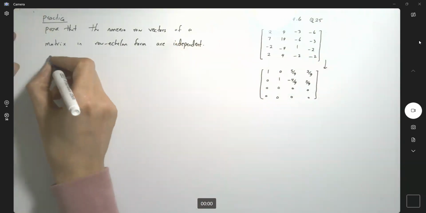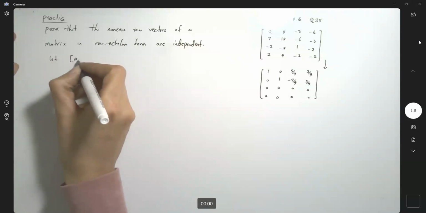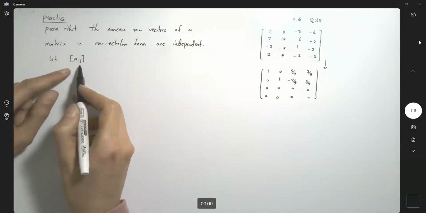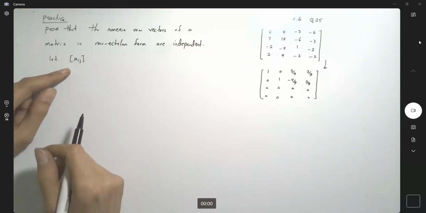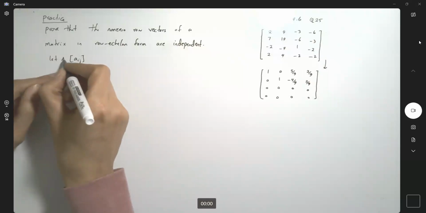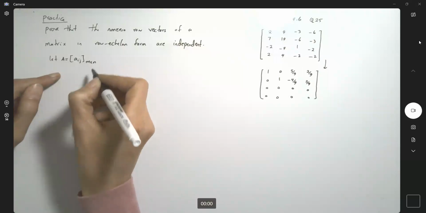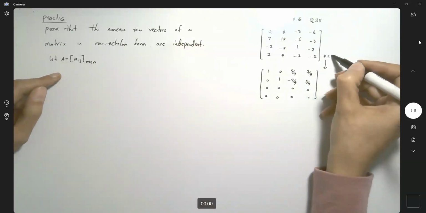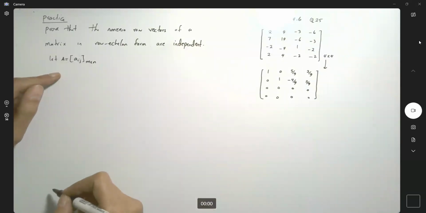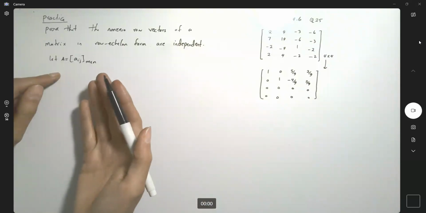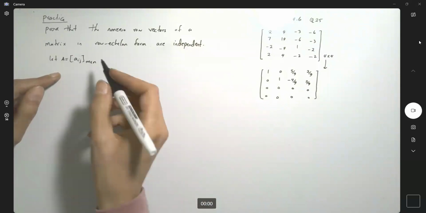So suppose you have a matrix with entries Aij, an M by N matrix. In this case, you have a 4 by 4 matrix, right? We're going to write this matrix in row echelon form.